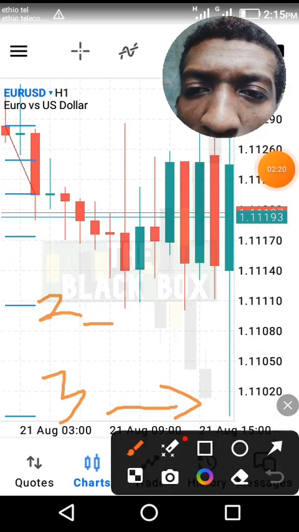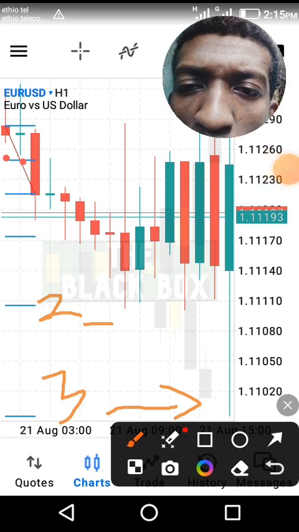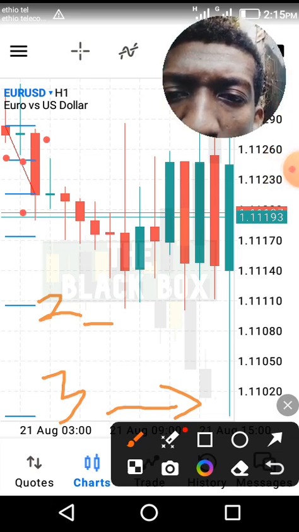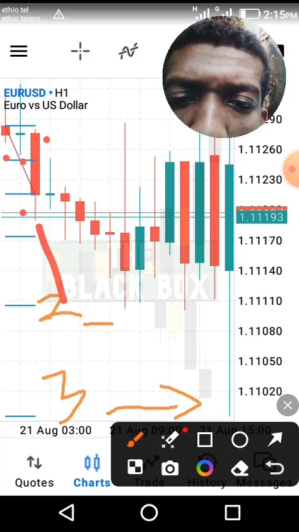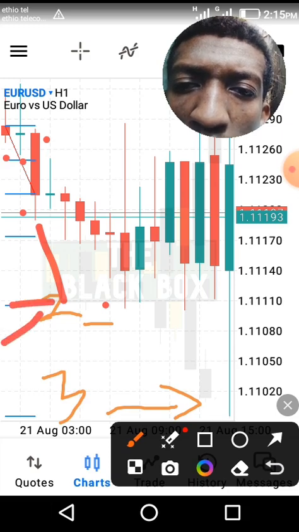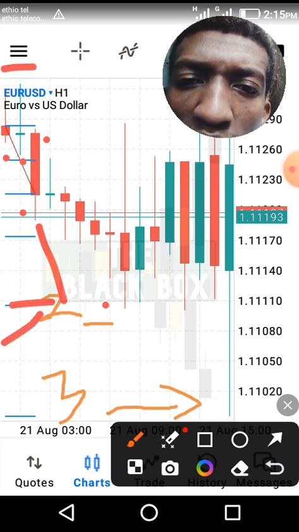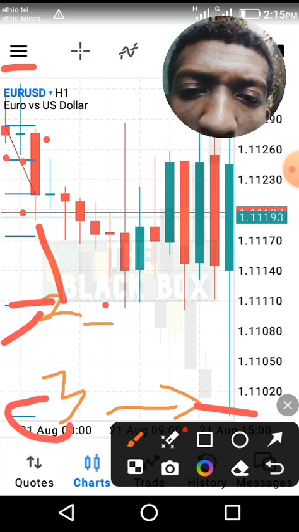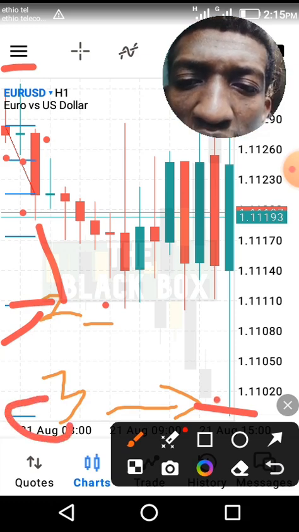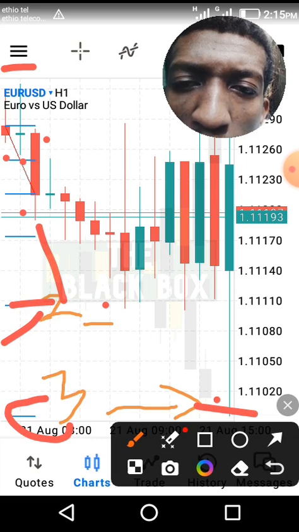As you can see, there is a black box here, the spinning top, and then this one broke, as I said. And ride it down to TP2, right there. Take partials, let the other run, and then more at TP3. Beautiful execution. Take partials, and trade your stop to where?